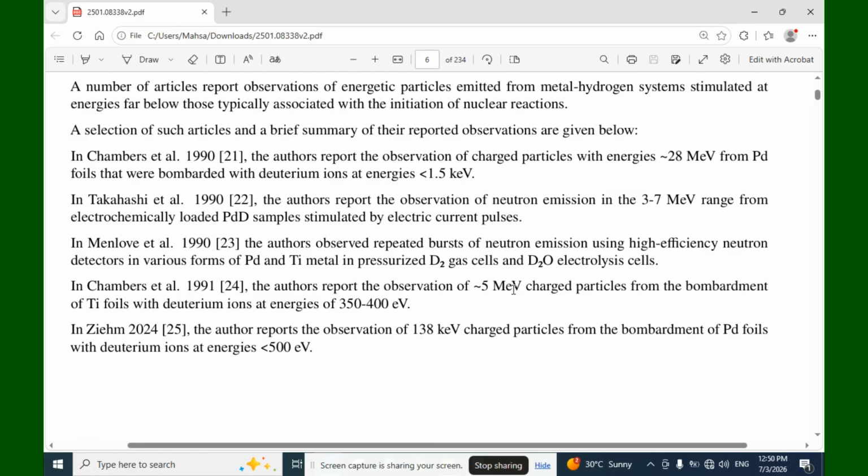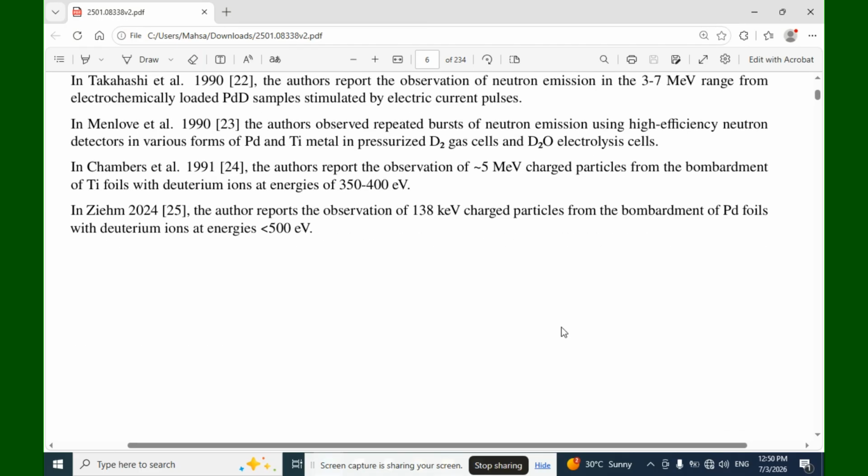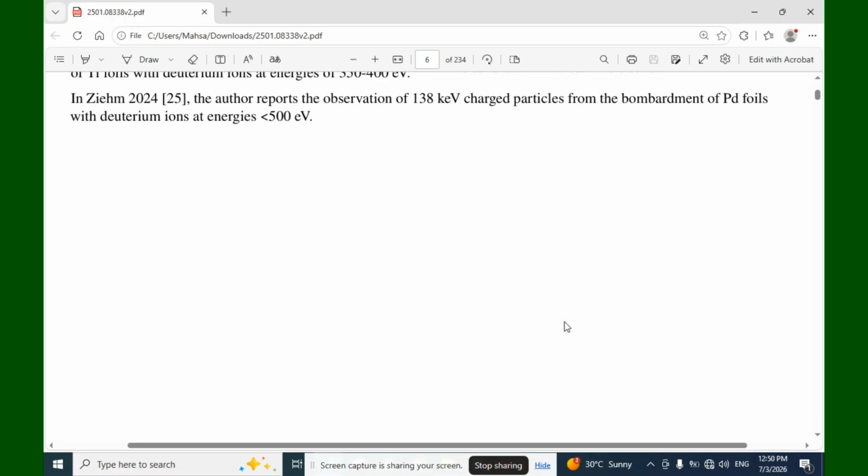In Cameron Scholars in 1991, the authors report observation of 5 megaelectron volt charged particles from the bombardment of titanium foils with deuterium ions at energies of about between 350 up to 400 electron volt. In ZM 2024, in reference 25, the authors report the observation of the 138 electron volt charged particles from the bombardment of palladium foils with deuterium ions at energy less than 500 electron volt.